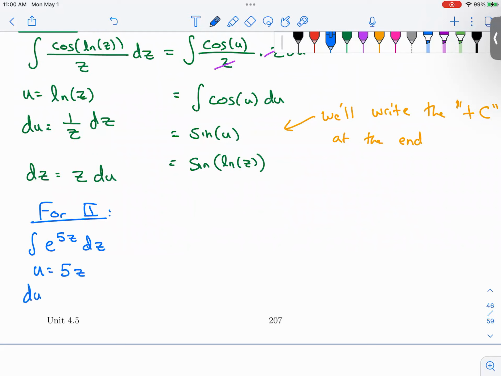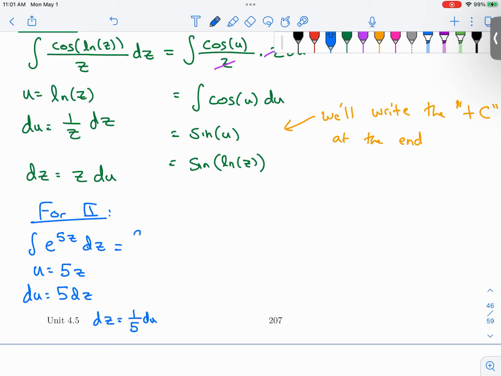So du, what is du? dz will be 1/5 du, but you're getting ahead of us. Excellent. But du is going to be 5 dz. It's okay for our dz's to not have a variable in them. That can happen. So dz is equal to 1/5 du.